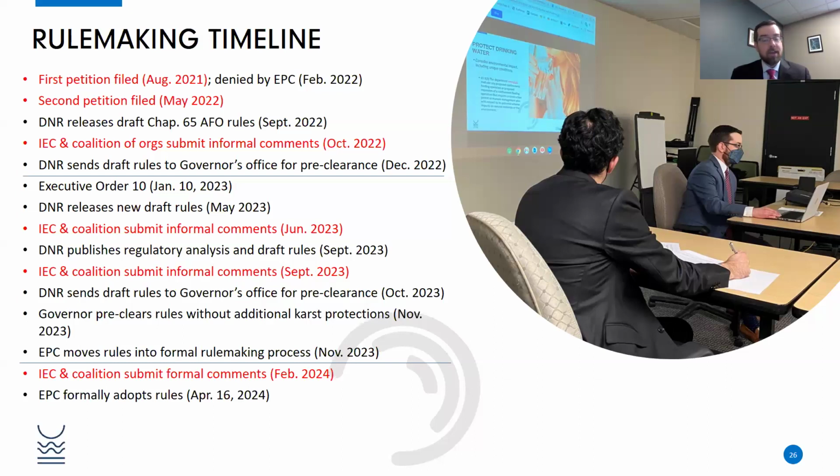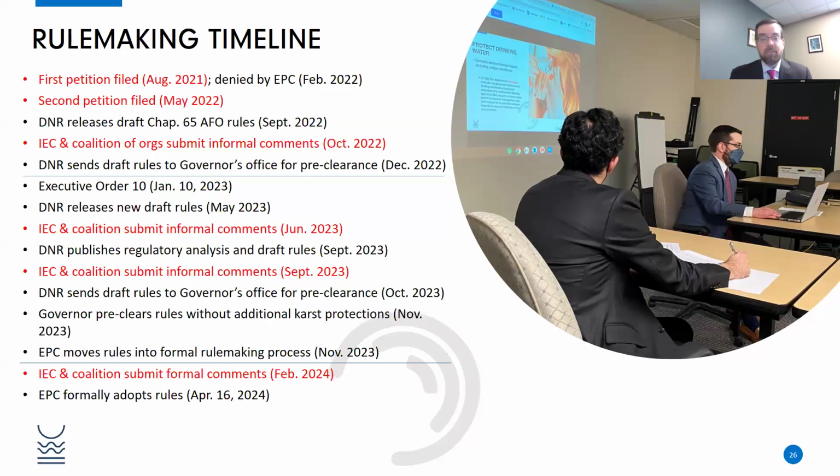The governor's office did not approve those rules as DNR sent them initially in October 2023, and instead, the governor's office approved rules that did not have any additional karst protections. DNR had not proposed the level of karst protection that we had petitioned for, but had initially proposed some changes to karst that would have added some protections.